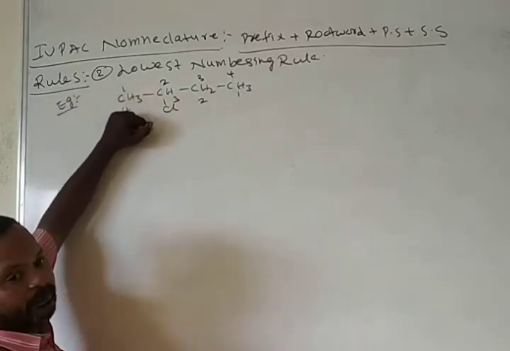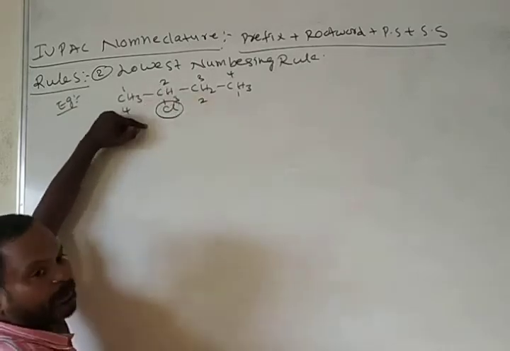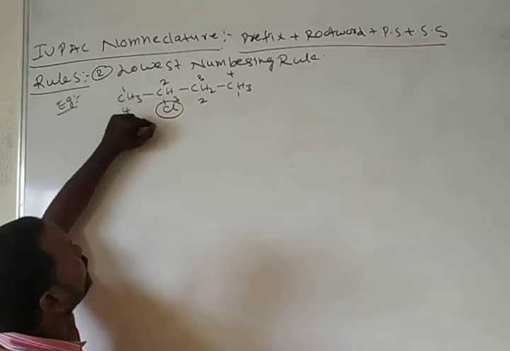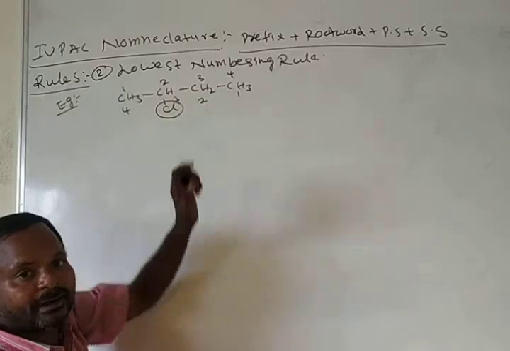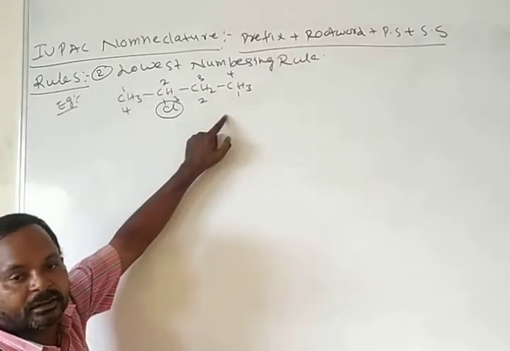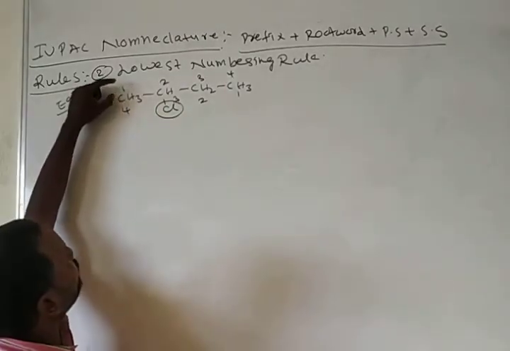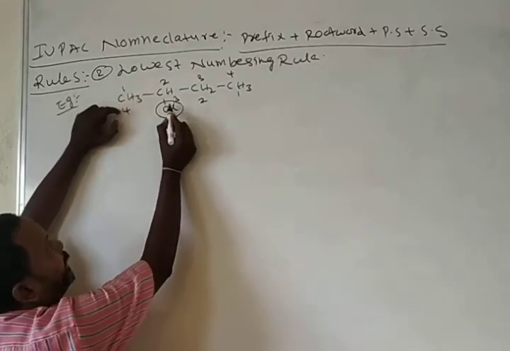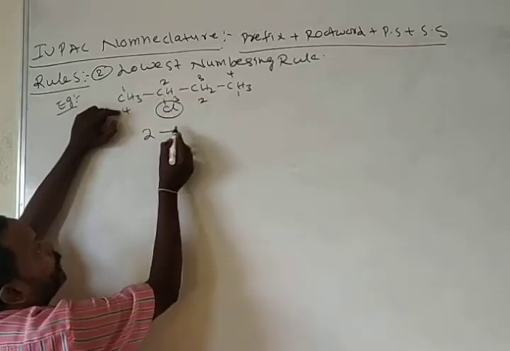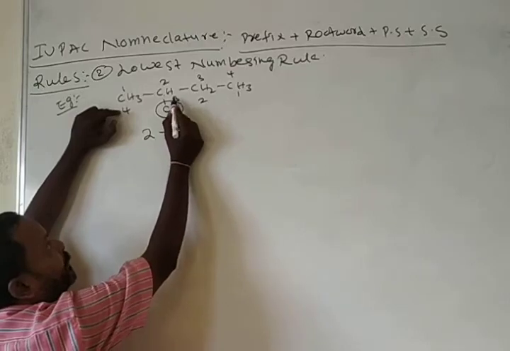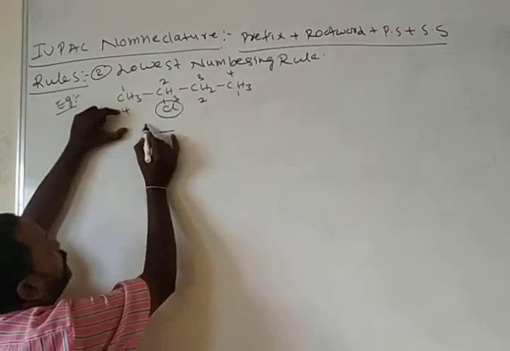What the lowest numbering rule says is that the substituent should get the lowest number while giving the numbering from left to right or right to left. That only we consider. While numbering from left to right, the chlorine-attached carbon gets 2. From right to left, this carbon gets 3. So which do we consider? Here we consider only 2.